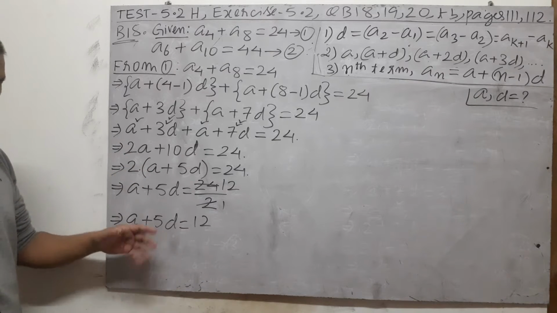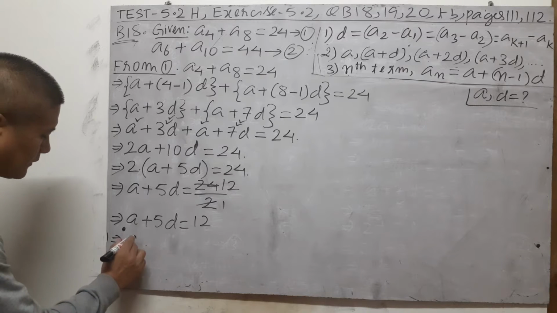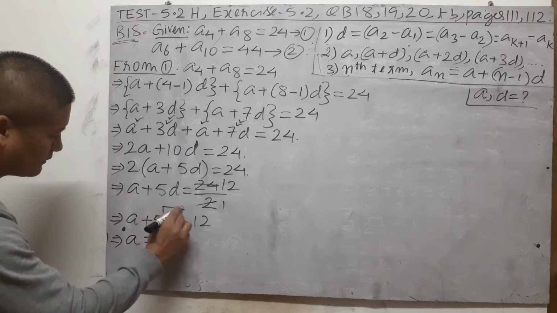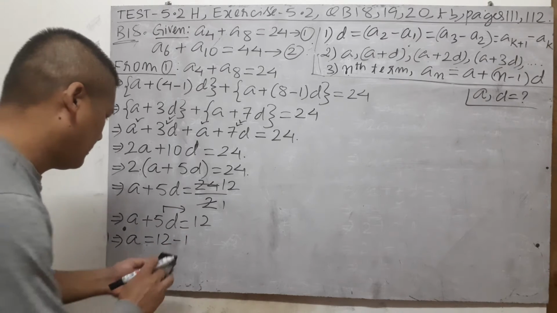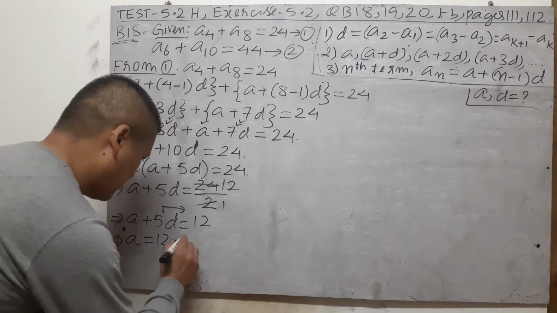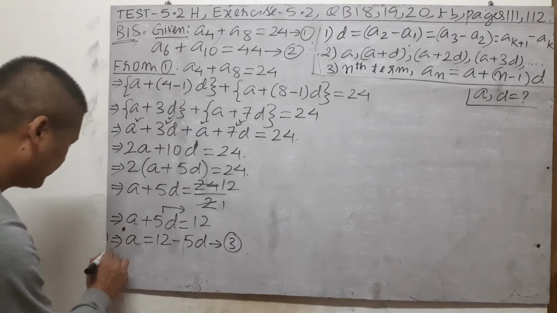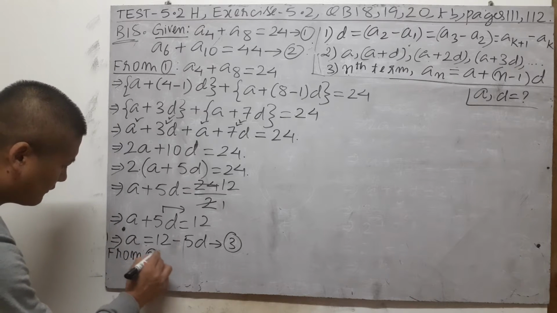We make it simpler so solving becomes easier for us later on. So that gives you A, let's just keep A here and 12 same, and shift this plus 5D to the right side, it becomes minus 5D, and let us keep this as equation number 3. So just as we did from equation 1, let us do the same thing for equation number 2.